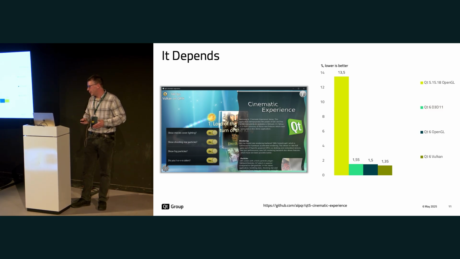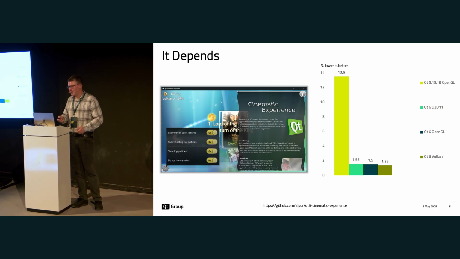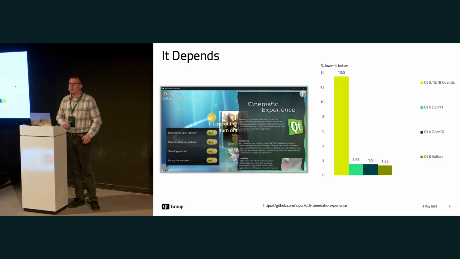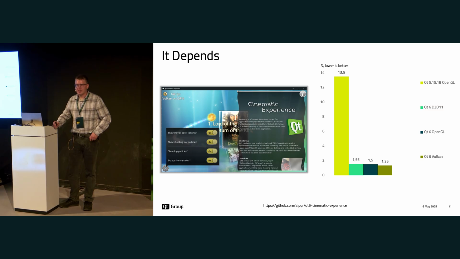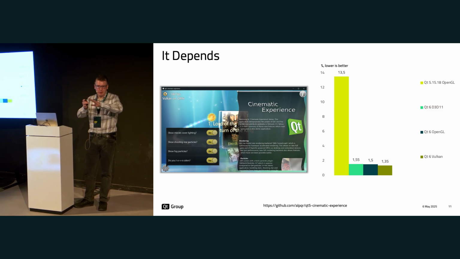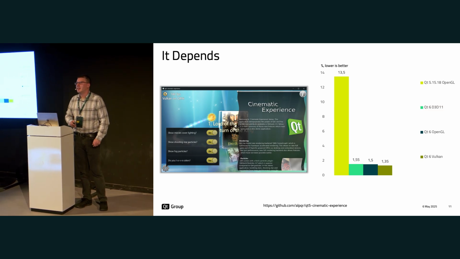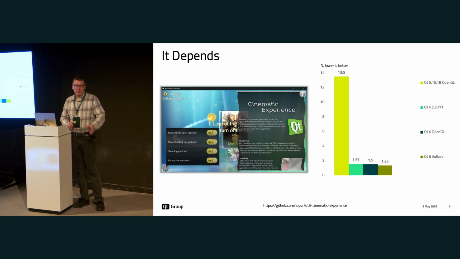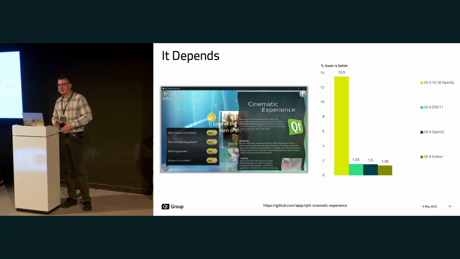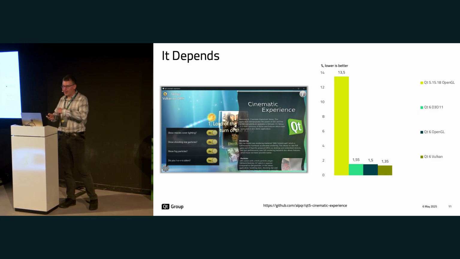So even with OpenGL, running this same application on Qt 6 just looks so much better. But of course, in reality, this depends heavily on the scene, what it contains, and what code paths you hit in Qt. So there are cases when the opposite is true, where maybe with Qt 6 the CPU usage would be a bit higher.